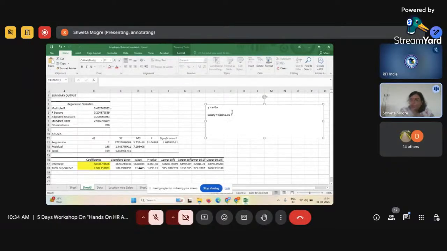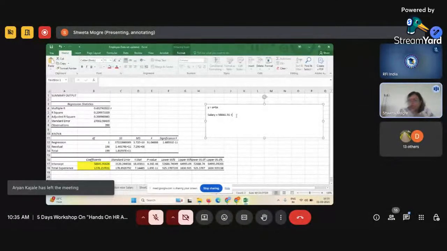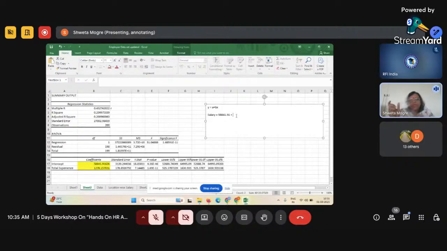So this is my a, plus the value of b, which is exactly the value written in front of total experience. See, total experience is our X. Below the intercept, Excel gives you the name of your X variable, which is available in the heading of your data.